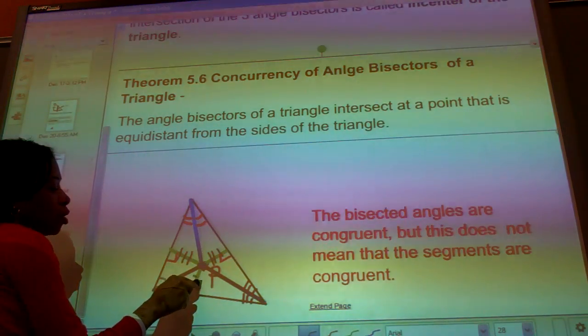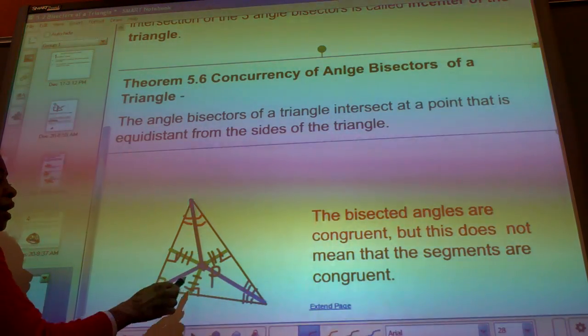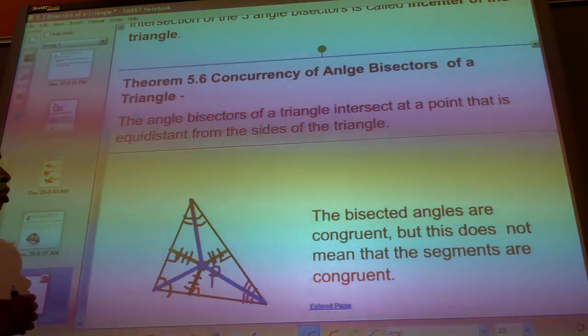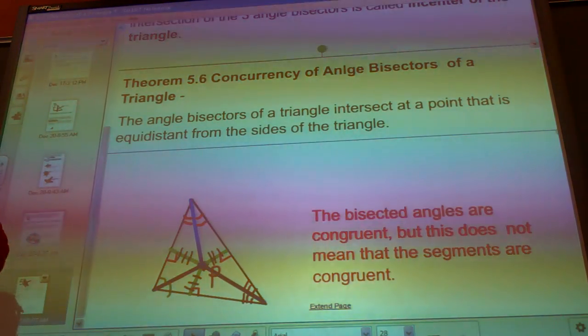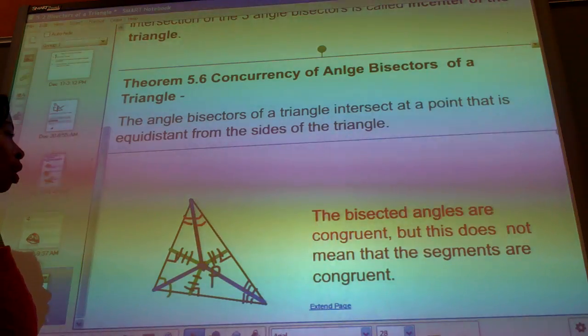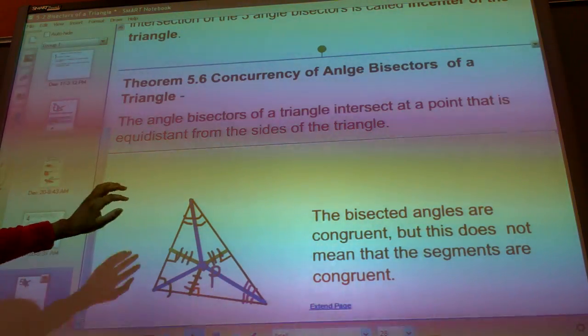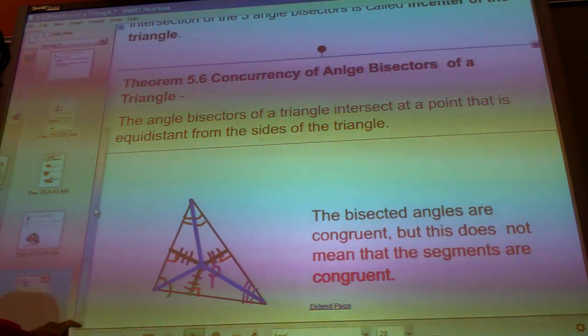And I could also draw a circle inside on this one as well.